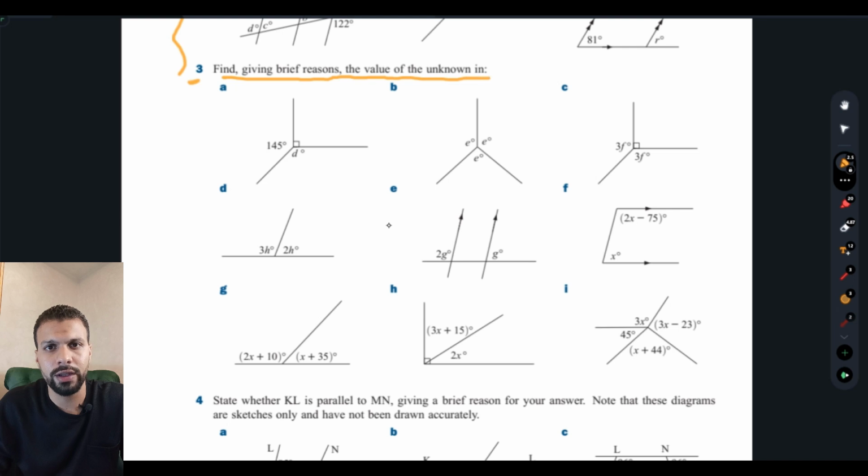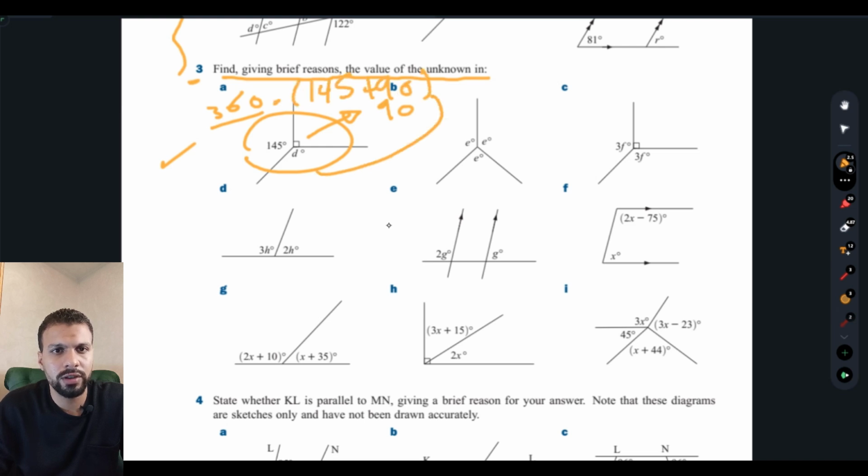Step 3, find, giving brief reasons, the value of the unknown n. All of it is 360, and this angle is a right angle equal 90. I think all of it is so easy. You can subtract 360 minus 145 plus 90, and this gives you the P angle.